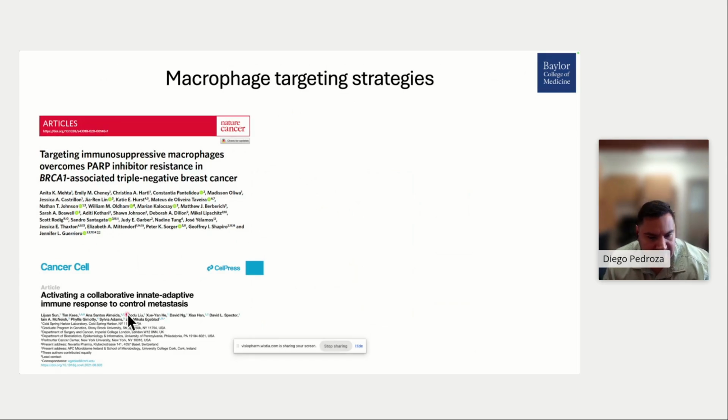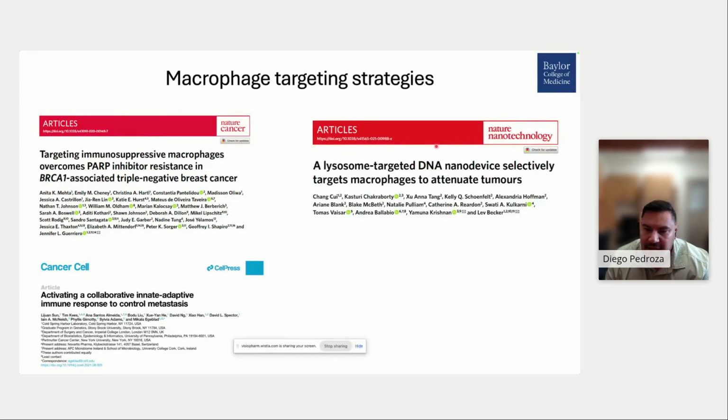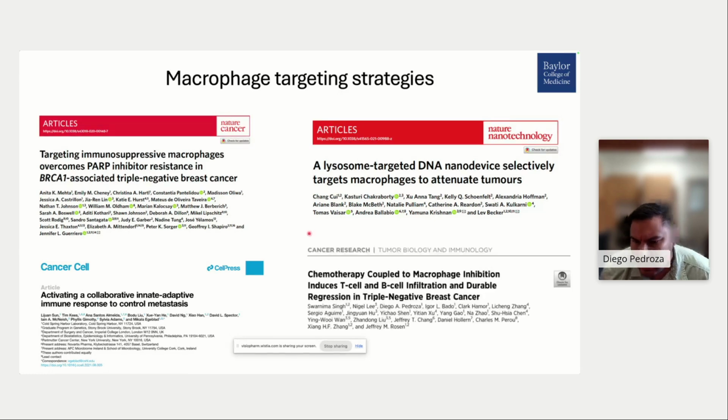Michaela Egelbad's lab, who's now at Johns Hopkins, was able to reprogram them rather than completely destroying them like we do. Even in Lev Becker's lab, where they actually use nano devices to target them at University of Chicago.